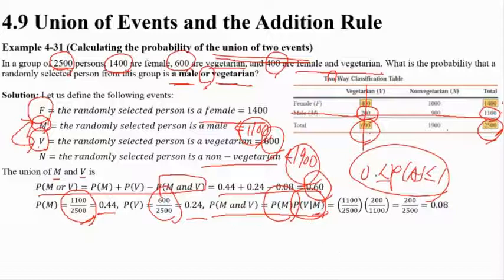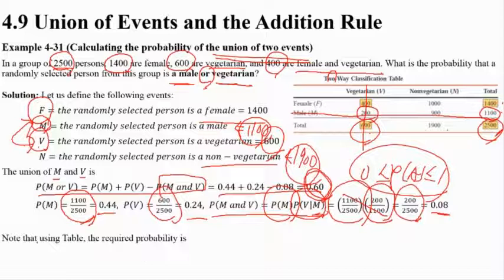First of all, male is 1100 out of 2500, and male and vegetarian, 200 out of 1100. The 1100 cancels right here to get this number. So altogether the number is 0.60, like 60%.